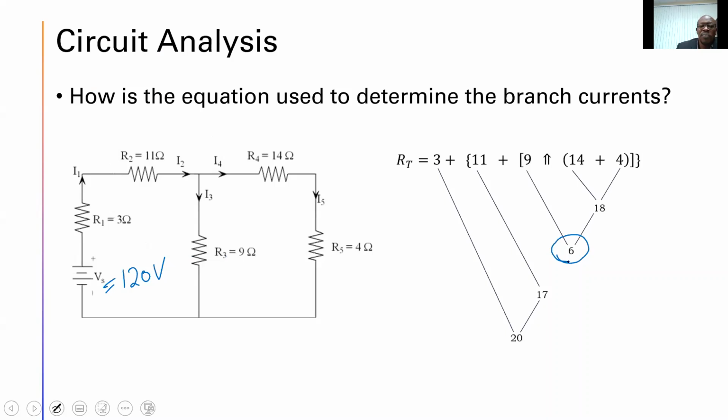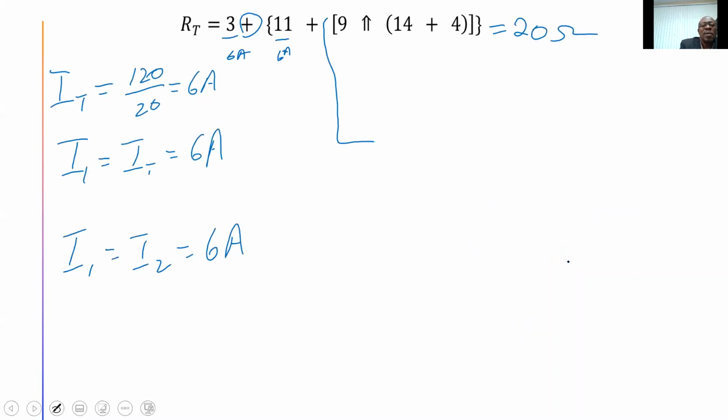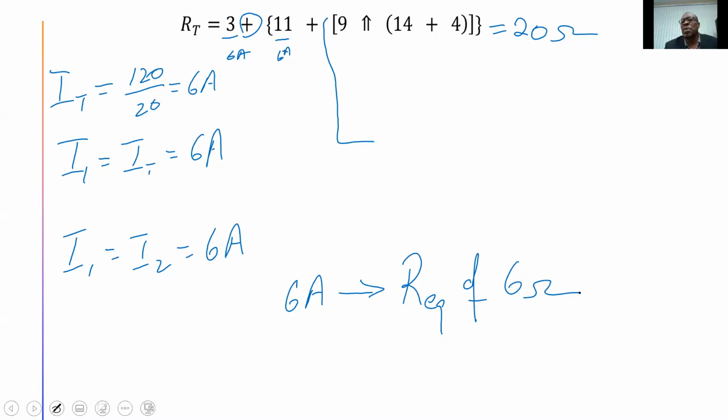So what we know is that all 6 amperes will be flowing into an equivalent, I'm going to call it R equivalent, of 6 ohms. Which means that the voltage across that branch would be equal to 6 times 6, which is equal to 36 volts.